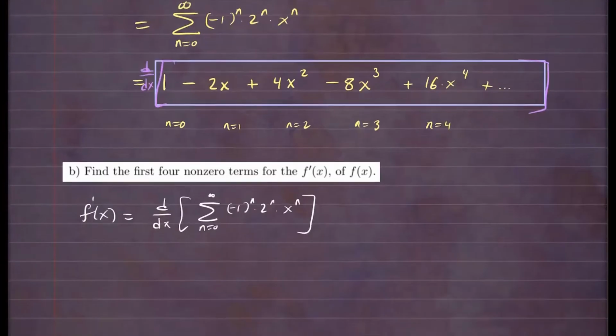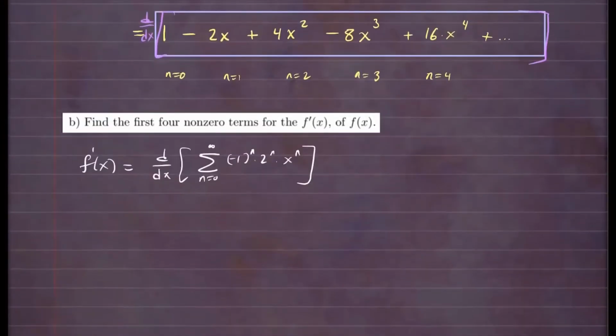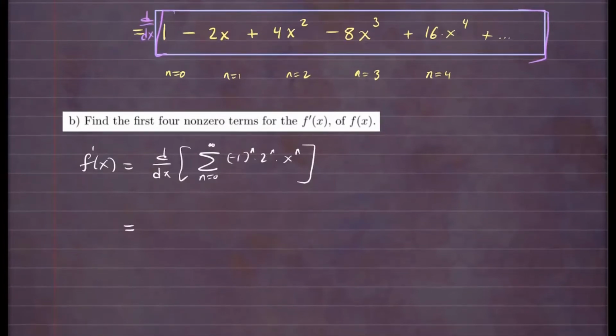So I'm going to take the derivative of this formula right here, and I'll show you that it's equivalent to taking the derivative of these terms one by one. So let's go ahead and do that. Take the derivative of this sum, assuming convergence. It converges on some interval, which you can figure out on your own by applying the ratio test.